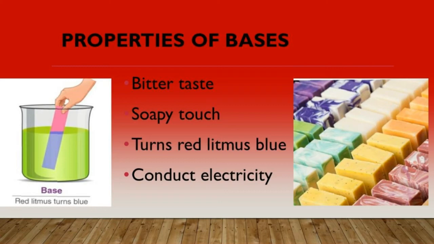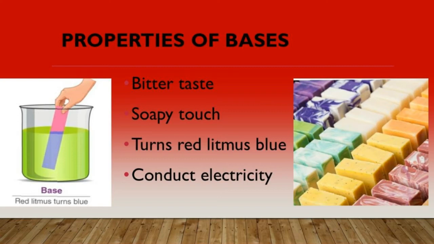When a base reacts with a non-metallic oxide, it produces salt as well as water, since this is a reaction between a base and an acid. For example, Ca(OH)2 plus CO2 gives CaCO3 plus H2O.